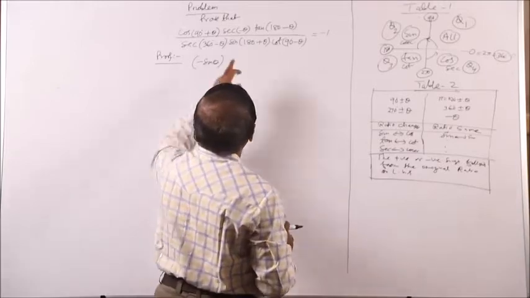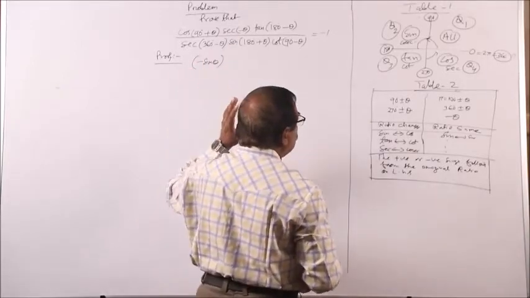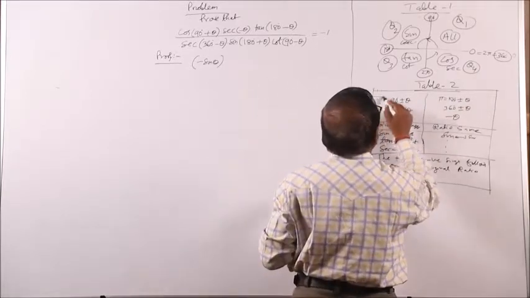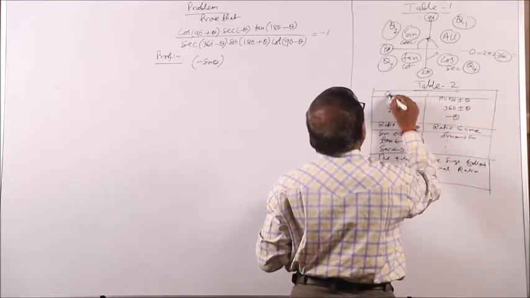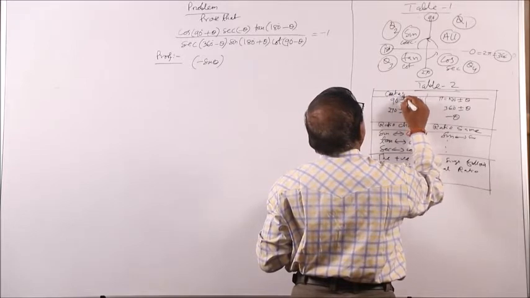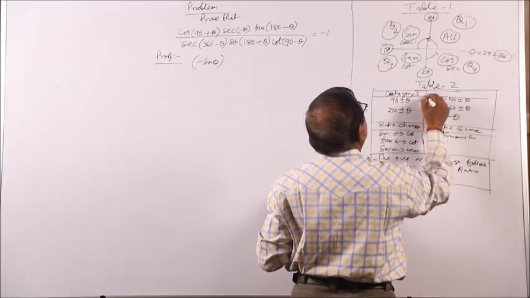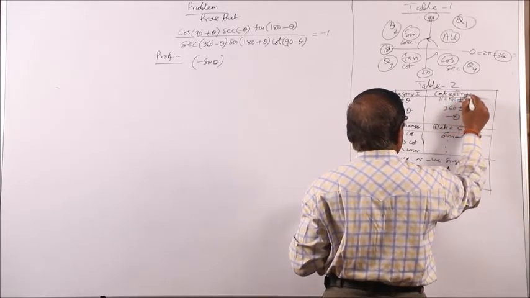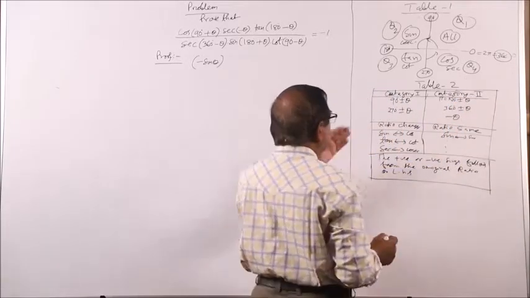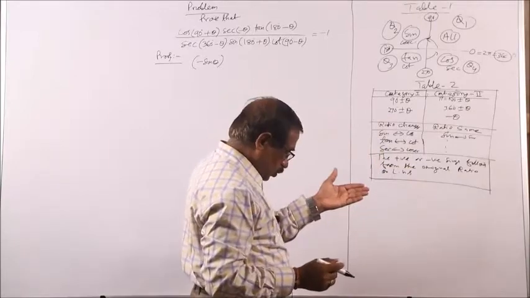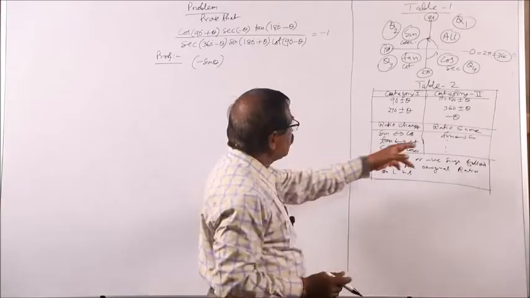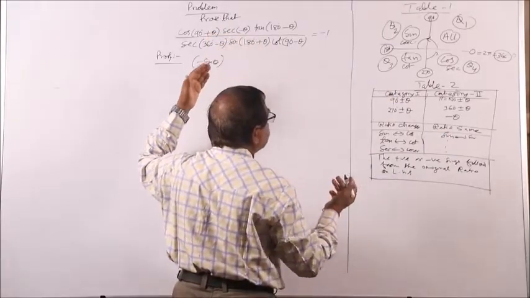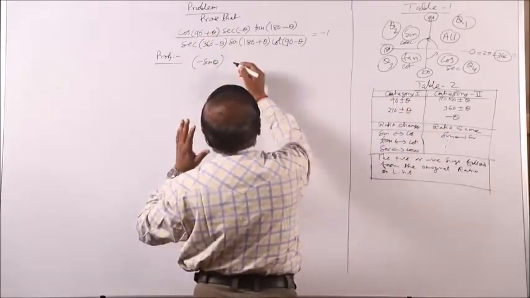Okay. Come here, sec(minus theta). I have told you minus theta comes over here, in this category. This is category 1, this is category 2. Minus theta comes under category 2. So here the ratio stays the same, and first you have to choose the sign.